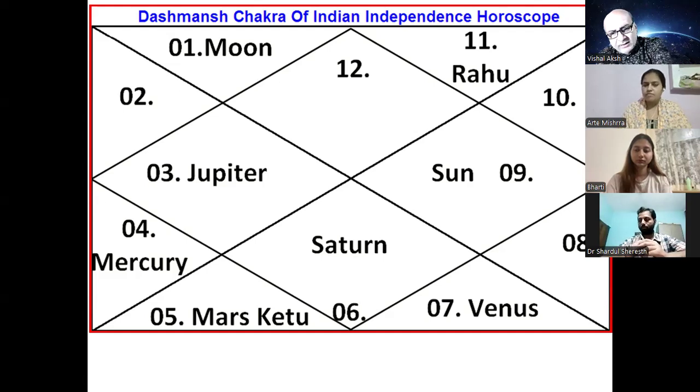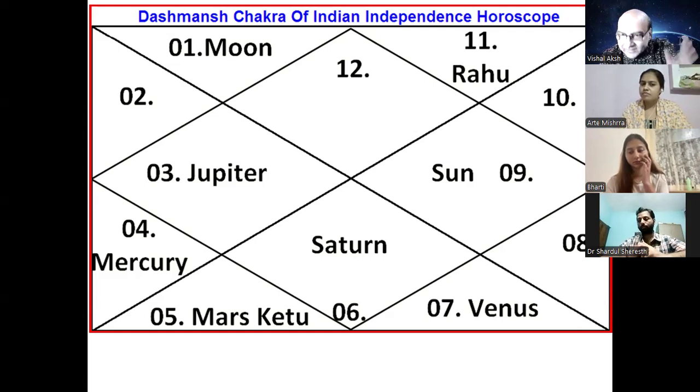The seventh lord becomes the significator of females. It is in Vargotam Dashmansh. It occupies Kark Rashi in the Rashi chart and Kark Rashi in the Dashmansh chart.